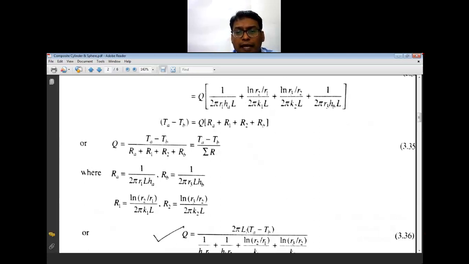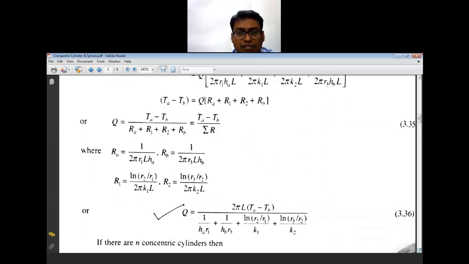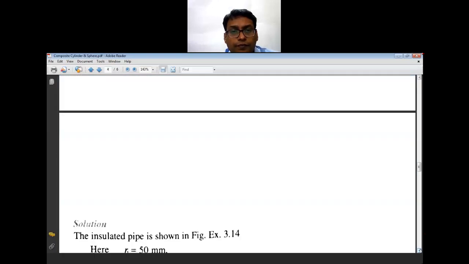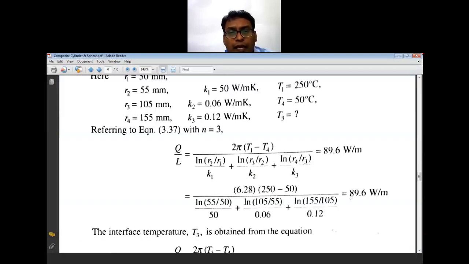That is Q, which is equal to 2 pi L into the overall temperature difference upon the total resistances. So Q upon L is equal to 2 pi into the overall temperature difference, that is T1 to T4, upon ln of R2 upon R1, because of the first pipe conductive resistance.